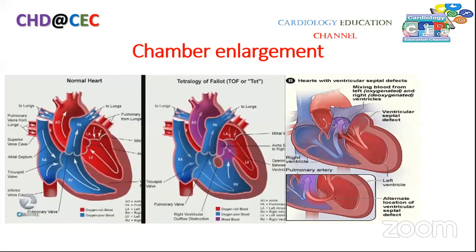We must emphasize that what goes around comes around. So we must know which chamber will enlarge first in order to properly treat this patient. The chamber that enlarges first is the first chamber that the blood escapes from in the first place.